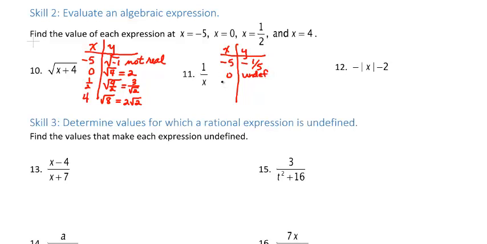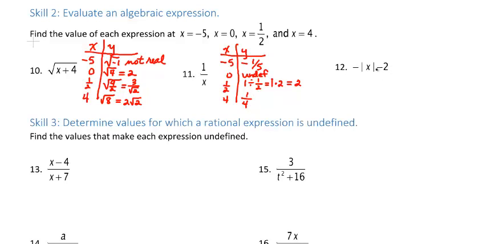If x is 1/2, 1 divided by 1/2 is really 1 times the reciprocal, which is 2. So 1 divided by 1/2 is 2. And then if we have x to be 4, 1 divided by 4 is simply 1/4.